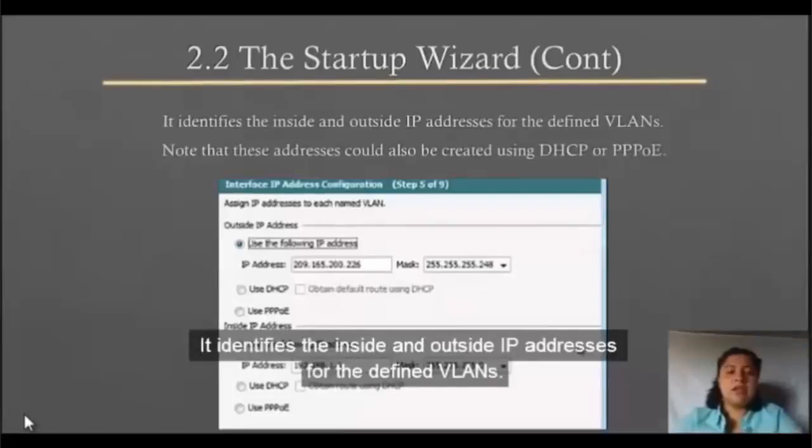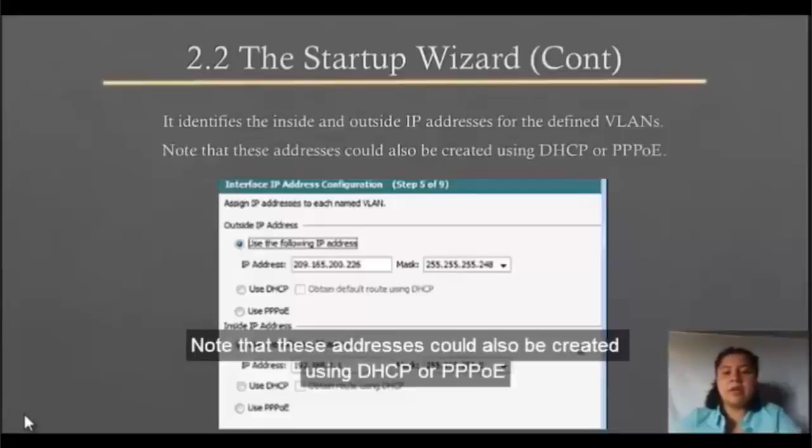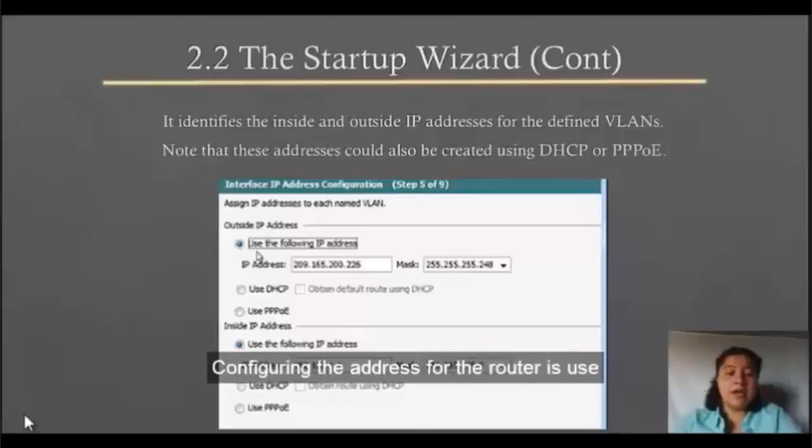It indicates the inside and outside IP addresses for the different VLANs. Note that this address could also be obtained by DHCP or PPPoE. Configure the address for the router that is used.